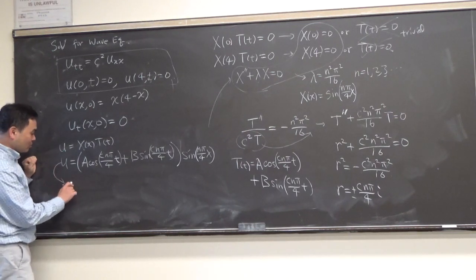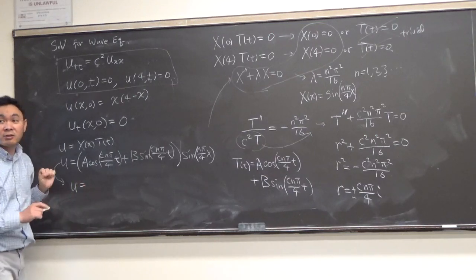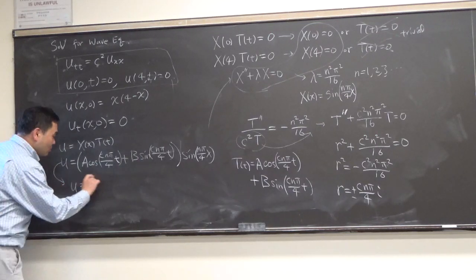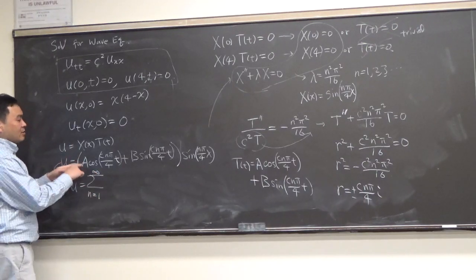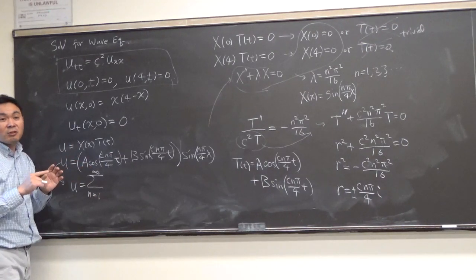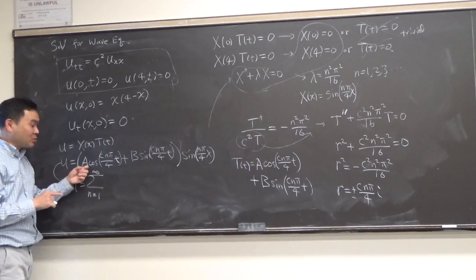You promote this into the sum of everything. You add for all n, 1 through infinity, and these a and b's could be different for each n, so we put a subscript on it.